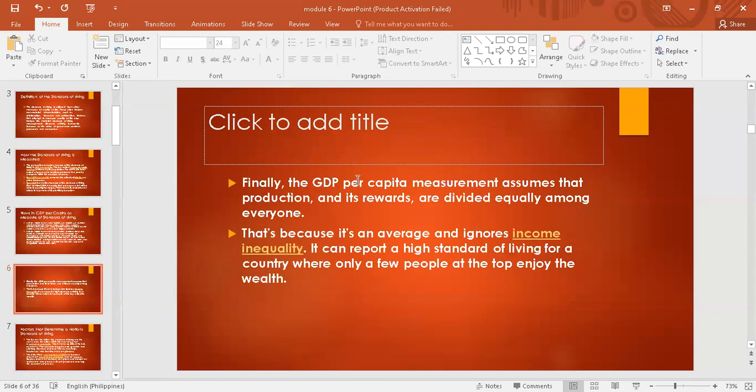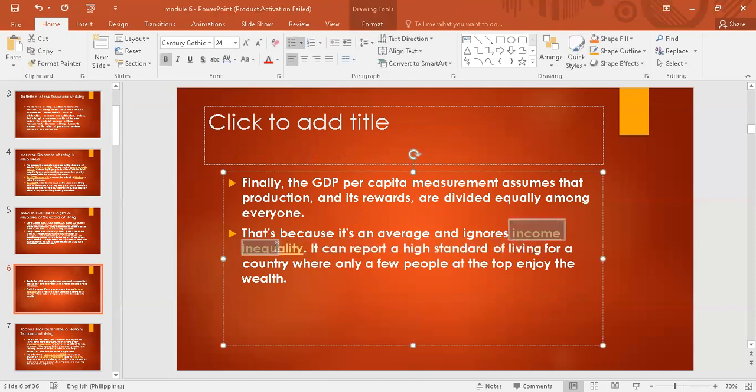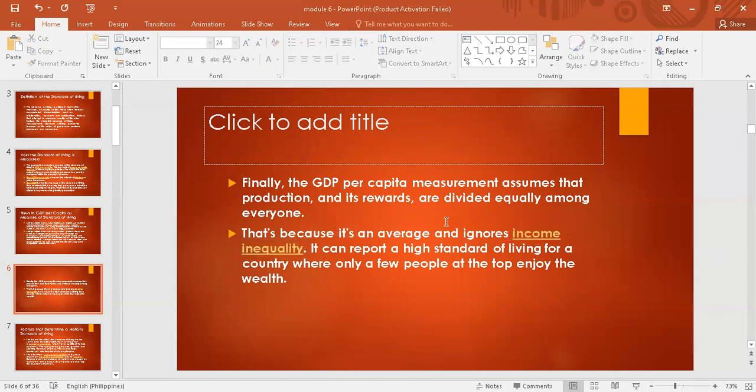Another, yung GDP per capita measurement po, it assumes the production and its reward are divided equally among everyone, but nai-ignore yung tinatawag nating income inequality, di ba? Kasi nga yung measurement natin ng GDP is for those who are employed. Tapos, yung mga ibang self-employed, hindi naman naisasama sa counting ng GDP yung kanilang output.